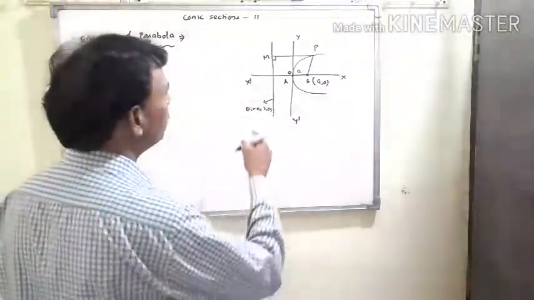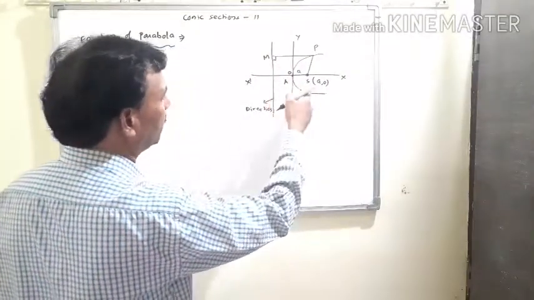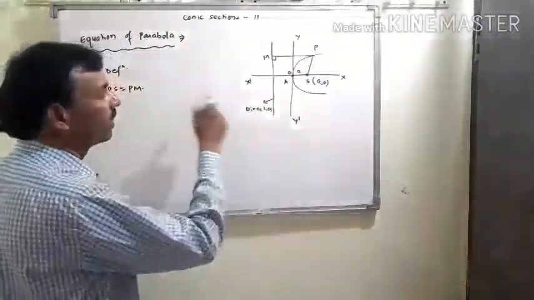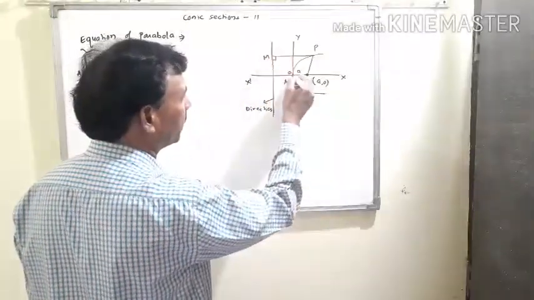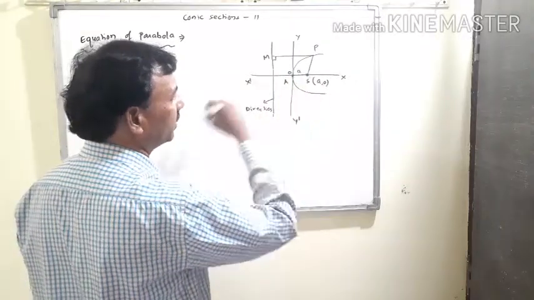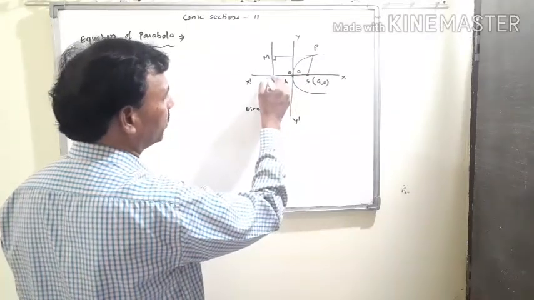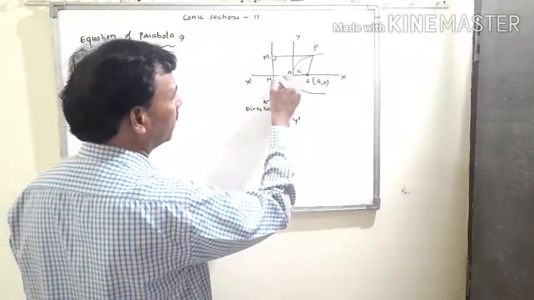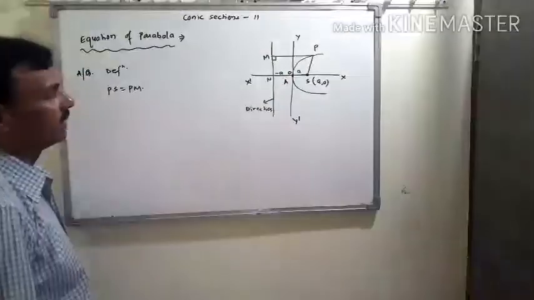Then PS equals PM, where the distance of this directrix from the origin is equal to the distance of the focus from the origin. That means, suppose this is N, ON will be minus a because this is in the negative direction.